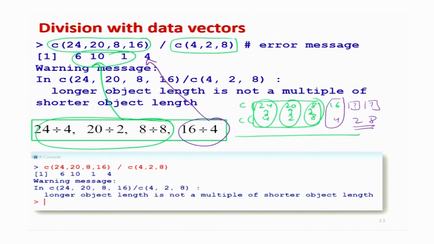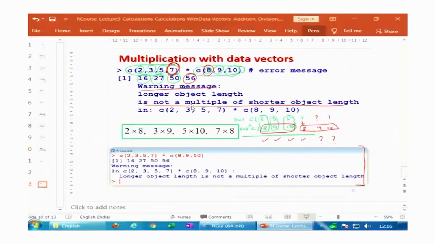So, it will stop here and it will give you a warning message, the same warning message that the longer object length is not a multiple of the shorter object length. So, this is how the R software works when you are trying to do division in the case of data vectors.